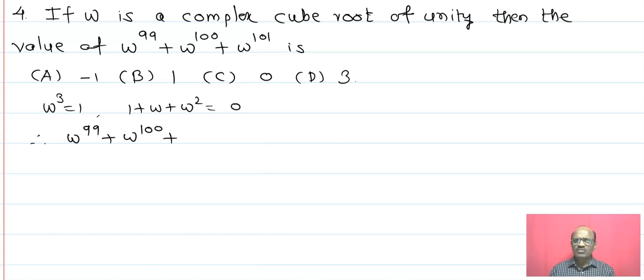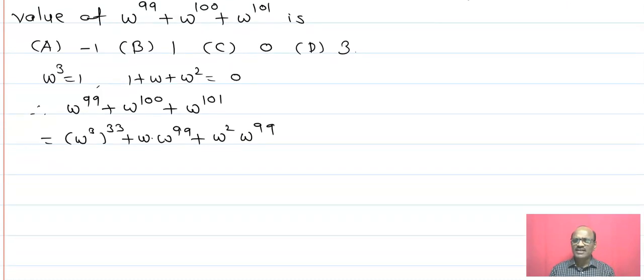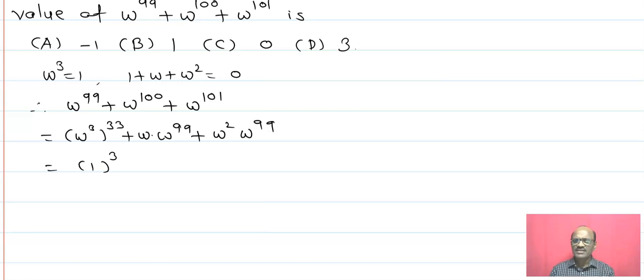Omega raised to 99, omega raised to 100, omega raised to 101: that is omega cube raised to 33, plus omega into omega raised to 99, plus omega square into omega raised to 99.